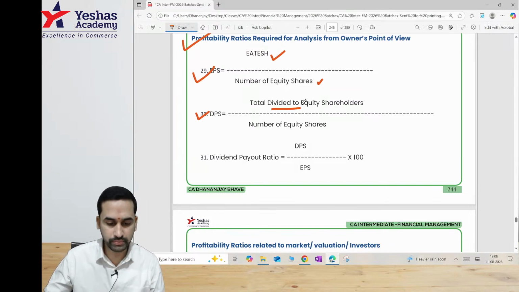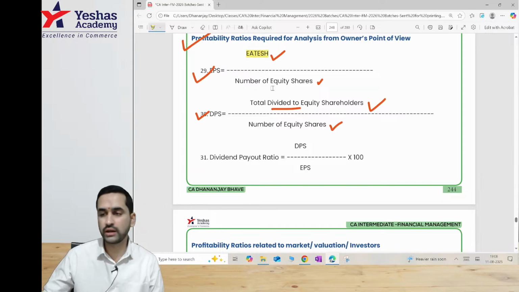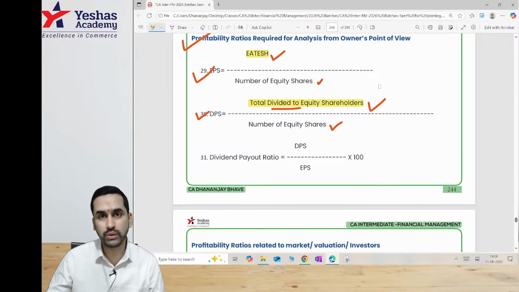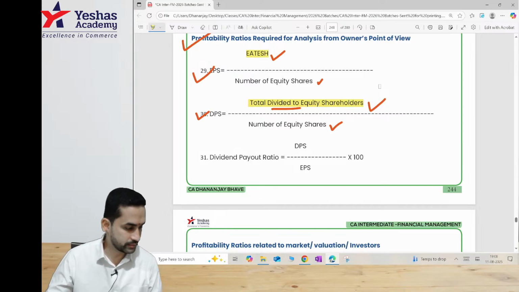So what is DPS now? Total dividend to all equity shareholders divided by number of equity shares. If you see the numerator, the previous formula's numerator was earning available to equity shareholders. Now it is only the dividend paid. That means the balance will be reserves and surplus, or as we call it, retained earnings, right? Divided by number of equity shares.